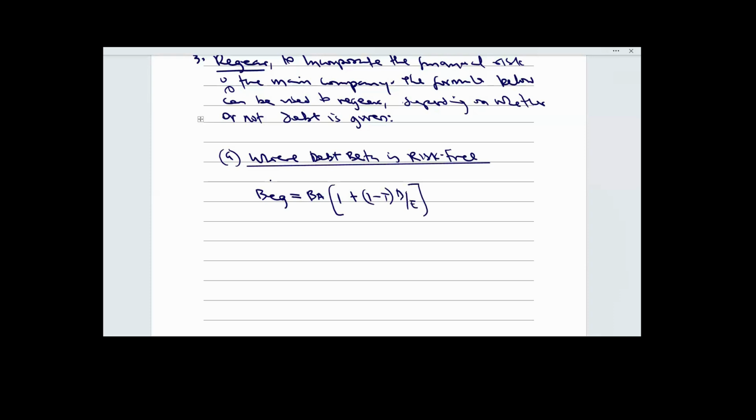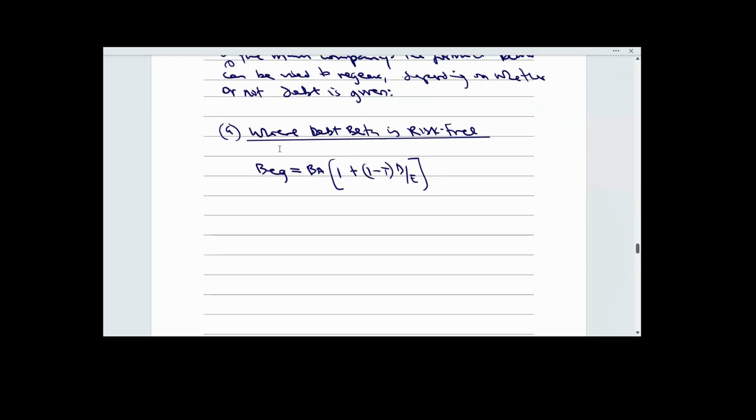So you use this formula to regear when debt beta is assumed to be risk-free.